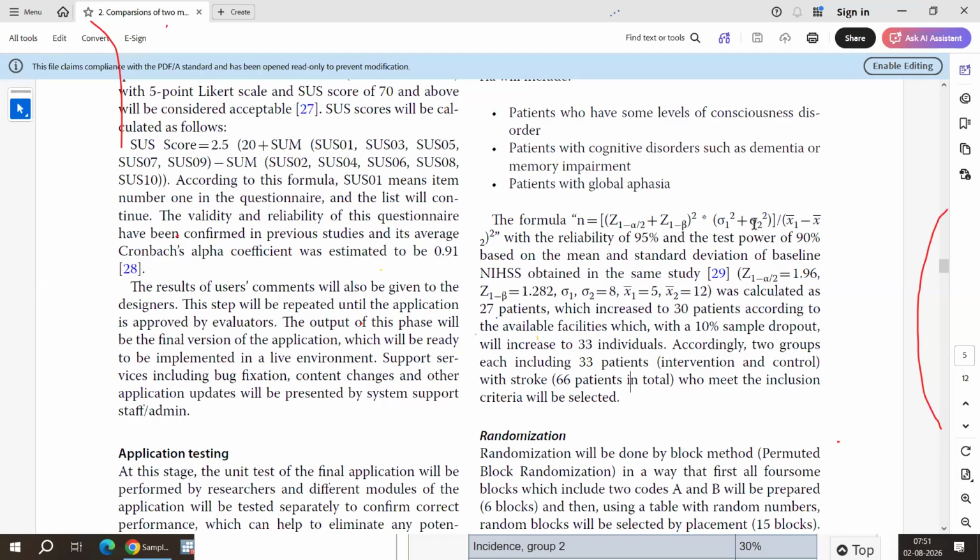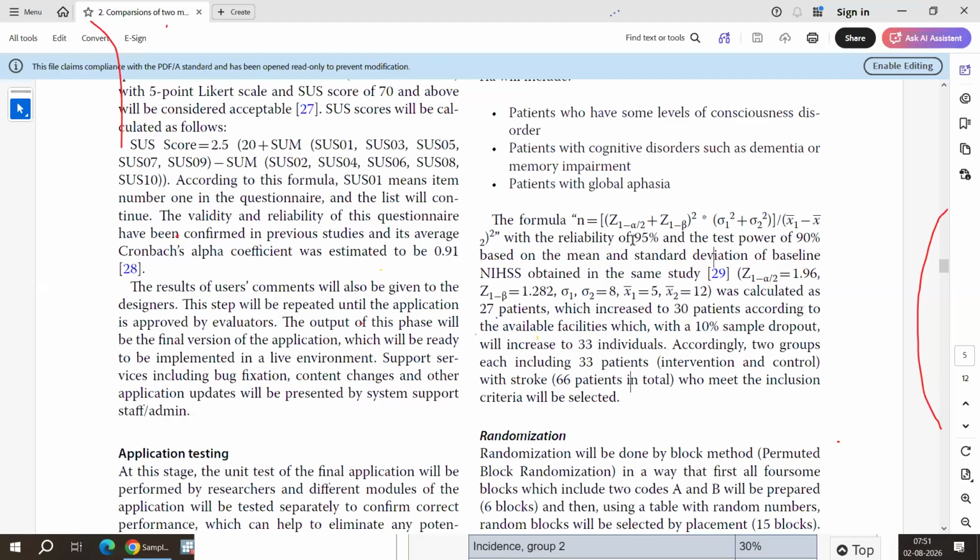They did not give r divided by r because they assume the sample size in both groups is the same, equal, divided by (x1 bar minus x2 bar) squared. What do you mean by x1 bar? This is mu1. What do you mean by x2 bar? It's the mean of group 2, mu2.